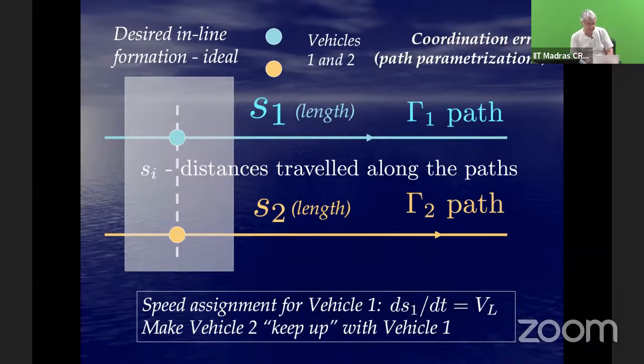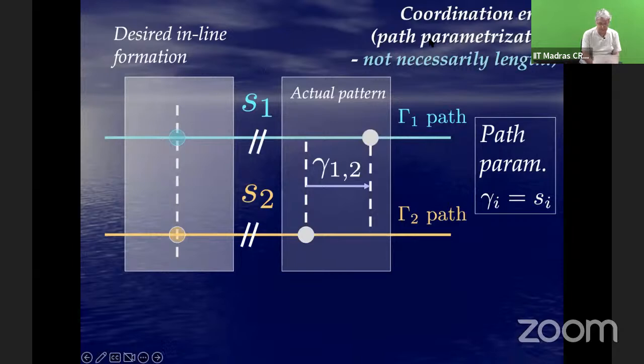But a big deal is the parameterization of the paths. It may very well be that the length is not the correct way of doing this. In this case, it's trivial that it is. The parameter that parameterizes these paths is normally called gamma. So in this case, it's trivial because you have 2 gammas. One of them is S1, the length along this path.